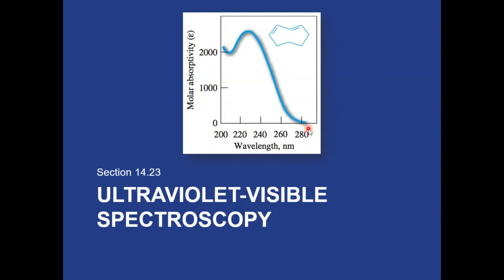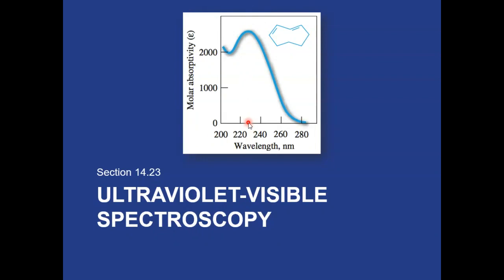So the most important thing we care about the most, at least in this particular section, is the wavelength at which maximum absorption is observed. So the peak absorption wavelength.